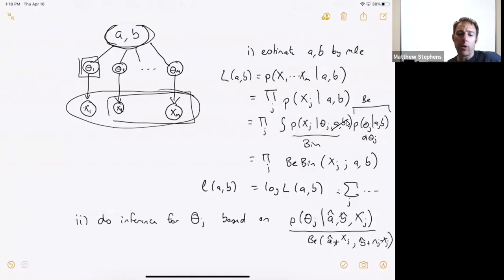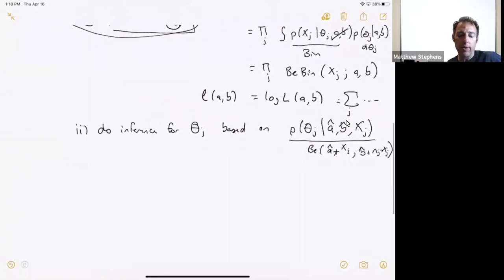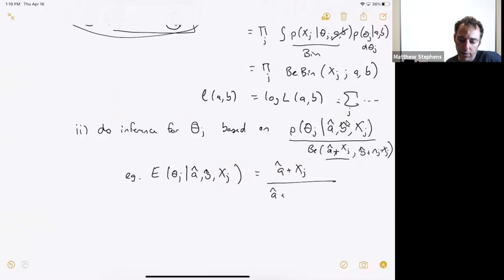If you wanted a posterior mean, for example, so when I say do inference, you can do anything you like. Maybe you want to get a point estimate. One way of getting a point estimate is to use a posterior mean. So the posterior mean here, E of theta j given a hat, b hat, xj, would be equal to a hat plus xj, divided by a hat plus b hat plus nj, which is the sum of these bits here.